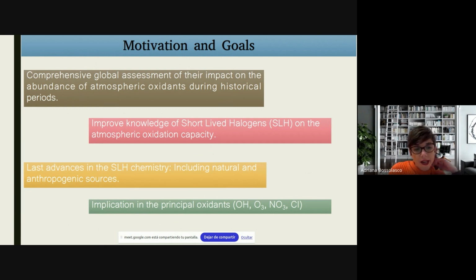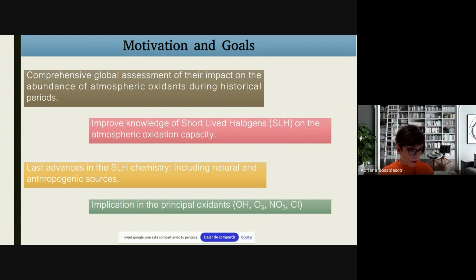There is previous work that investigates the role of SLH in some specific process or region, but there remains no comprehensive global assessment of the impact of SLH on the abundance of atmospheric oxidants during the historical period.